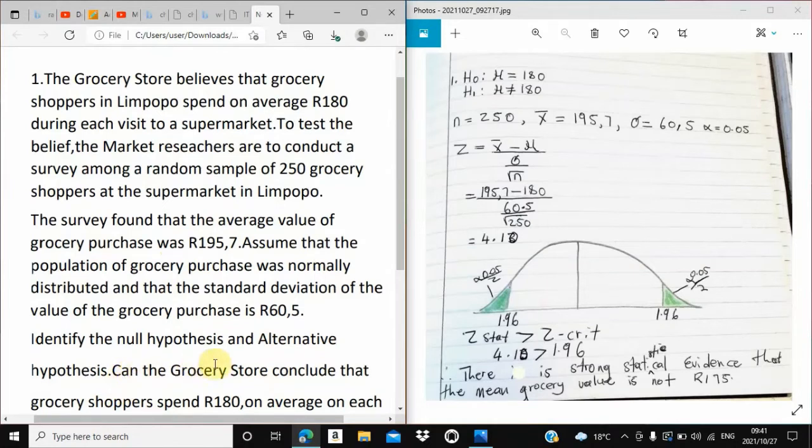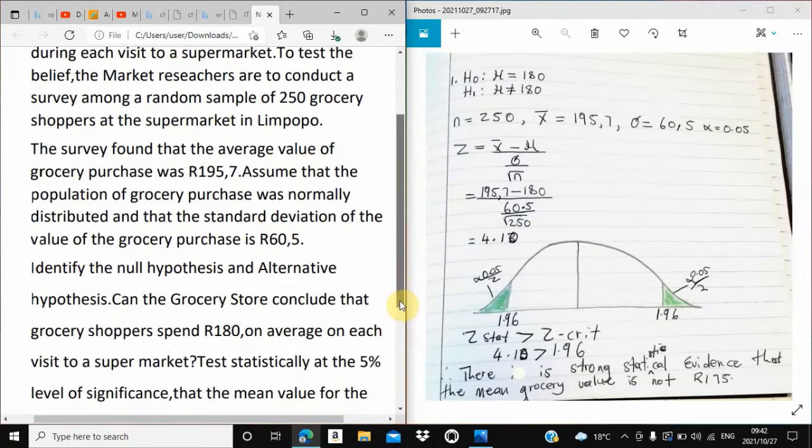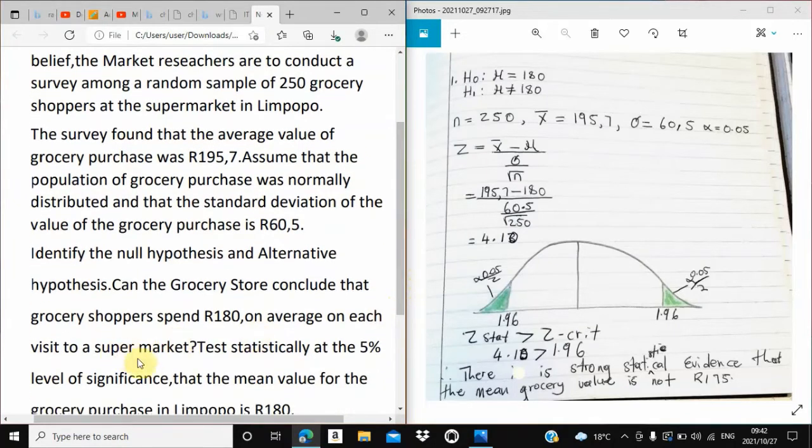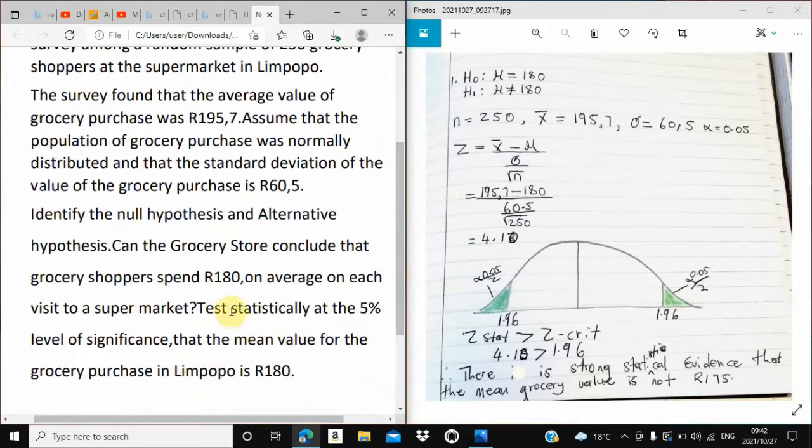Secondly, they say, can the grocery store conclude that grocery shoppers spend 108 on each visit to a supermarket? Test statistically at the 5% level of significance that the mean value of the grocery purchase is 190. And now comes the test. Now what do we test? Which parameter?